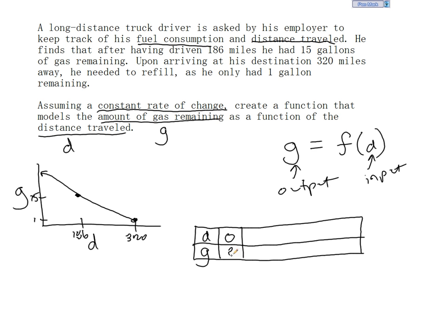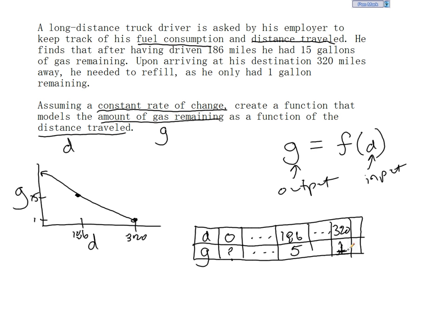We don't know right now what this value should be, but we do know that after traveling 186 miles, so somewhere out here later on in the table we'd have 186, there were 15 gallons remaining, and after 320 there was 1 gallon remaining. So now we can use this information.